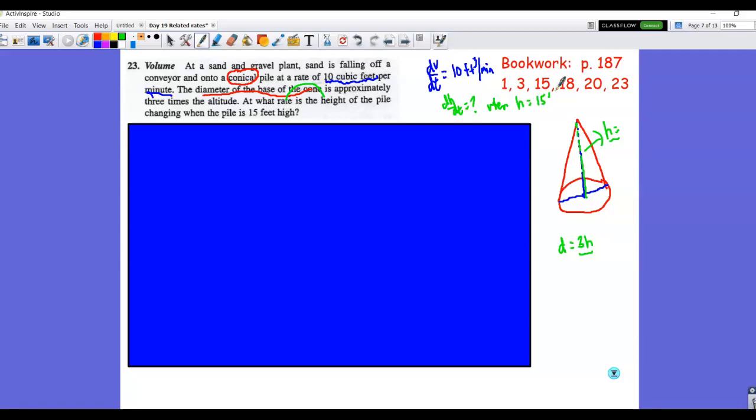Sand is continuing to fall off the conveyor belt and onto the pile. Therefore, H is changing, so it cannot go in until after differentiation. So let's look at my variables to figure out an equation. I am dealing with volume. I am dealing with height. I'm dealing with diameter, which is connected to height.